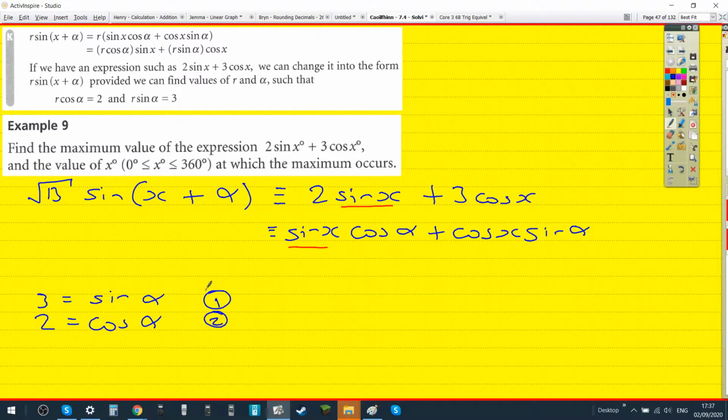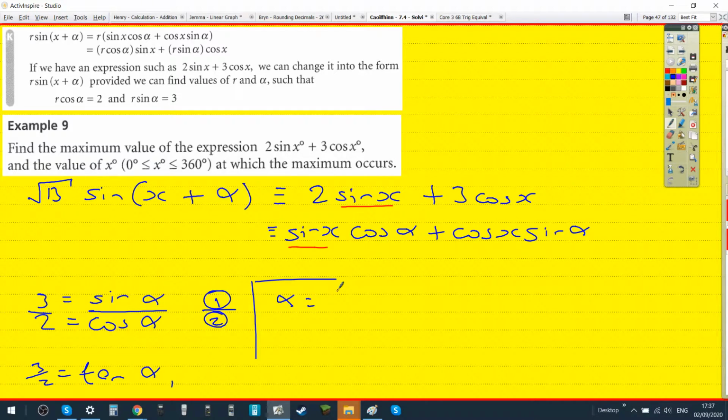Simultaneous equations. Yes, and the way you do that with trig is you divide them. What is sine alpha over cos alpha? Tan alpha. So 3 over 2 equals tan alpha, and so alpha equals tan to the minus 1 of 3 over 2.